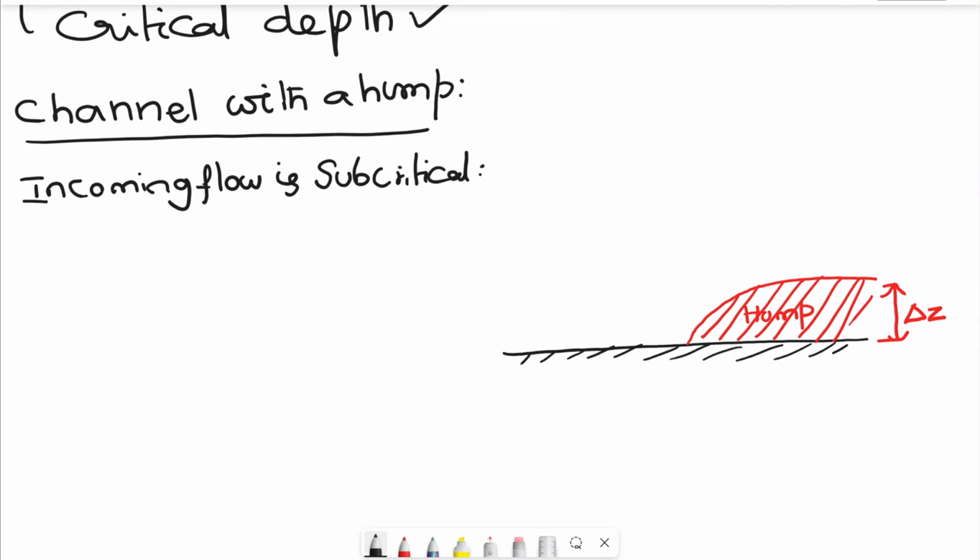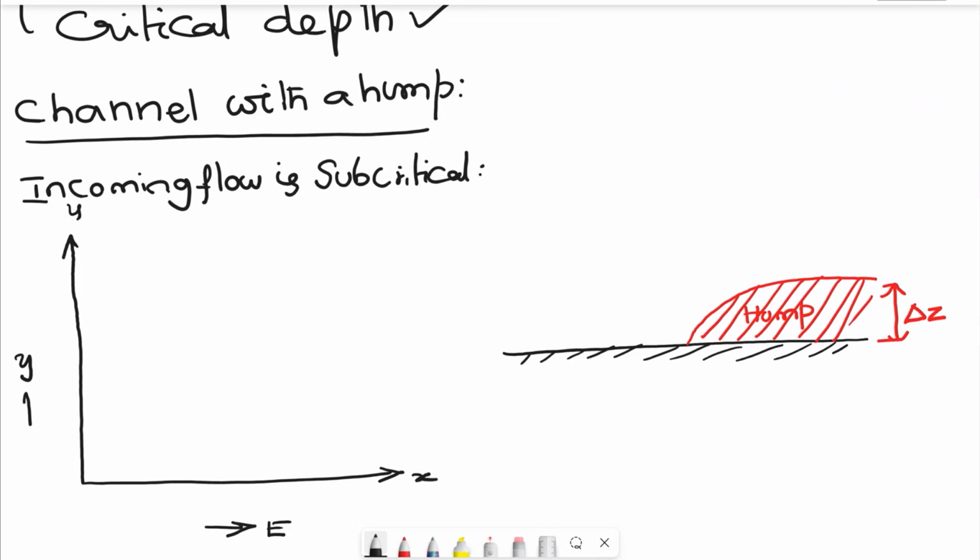That is why I have taken this first. You already know the specific energy curve which we have studied, wherein on the x-axis is specific energy E, and on the y-axis the depth of flow y. This is what we will plot. The specific energy curve looks like this.